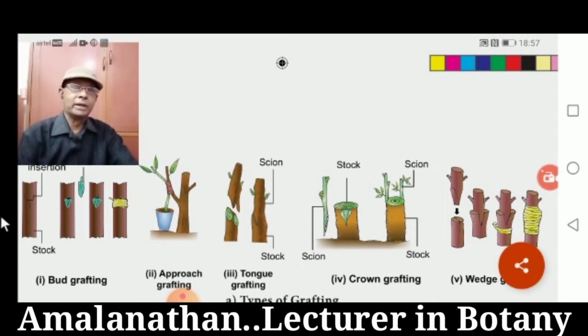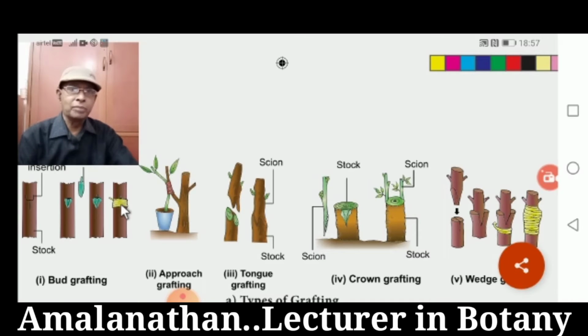In the case of bud grafting, the stalk is selected, and in the stalk a T-shaped cut is made. This is the T-shaped cut, T-shaped incision, and a bud is selected from another superior quality plant and inserted in the T-shaped cut and properly bandaged.